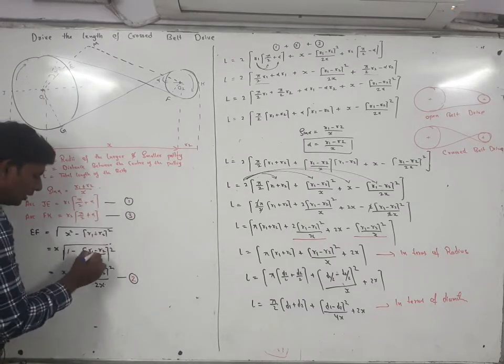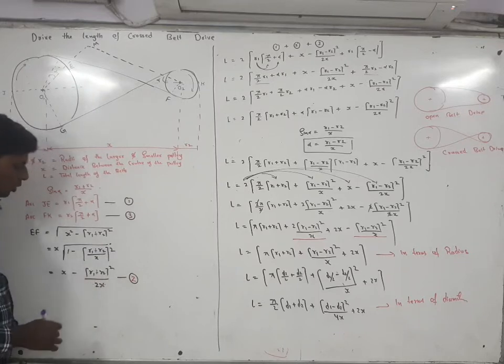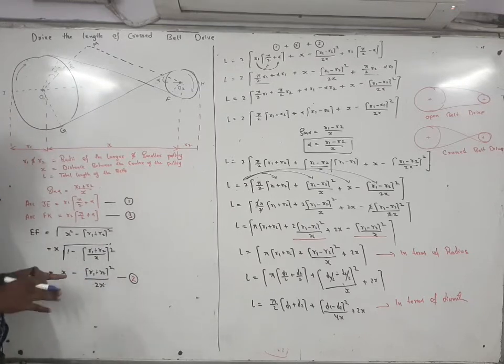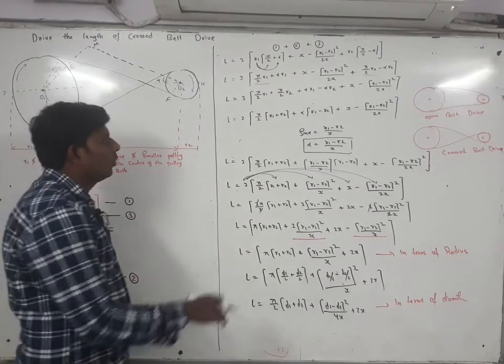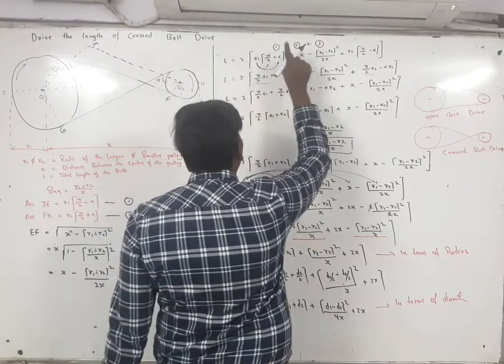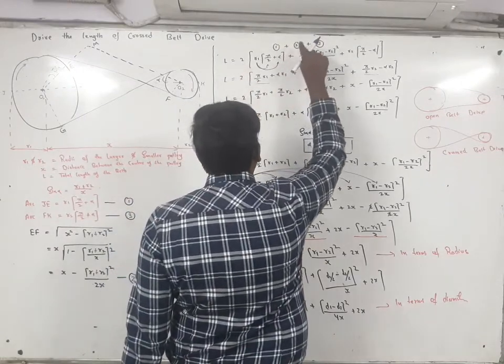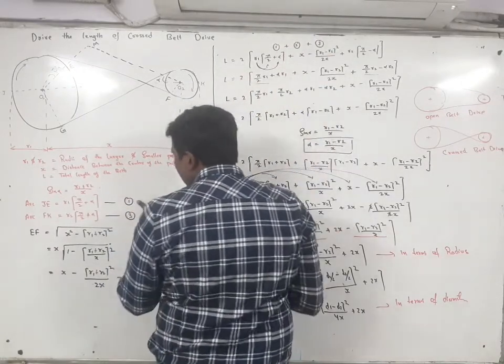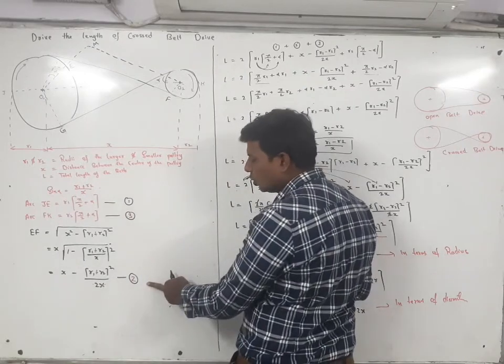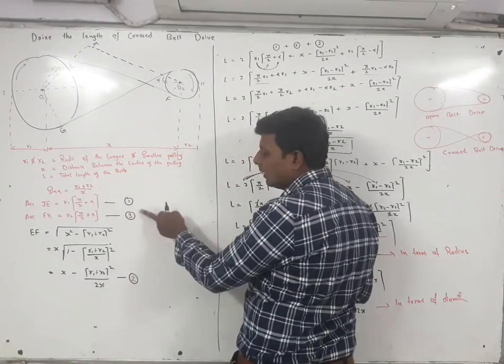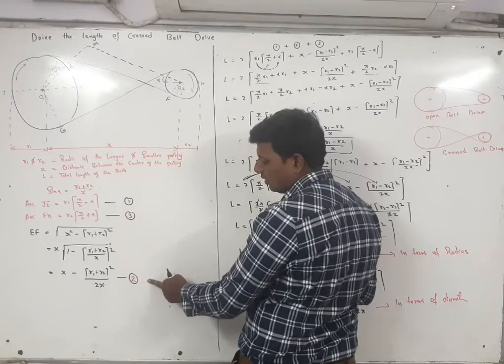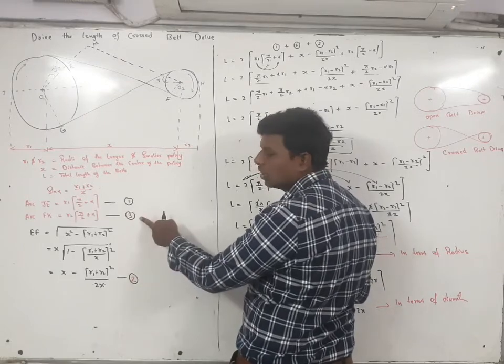Here also plus and here also plus, and in between also plus. You have to remember, in cross everything is as it is, here plus is there. After that, L is equal to 2 into (equation 1 plus equation 2 plus equation 3). This is equation 1, this is equation 2 and this is equation 3.